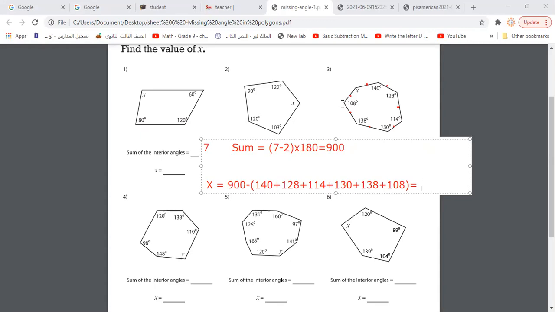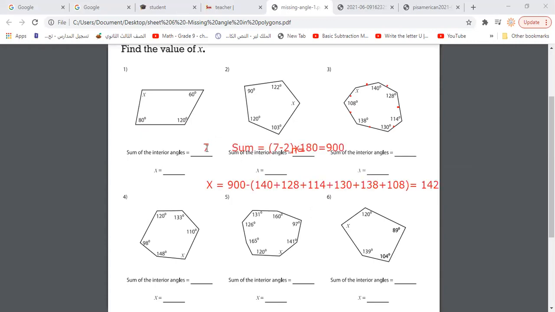I am writing the numbers down on my calculator. Okay, you want me to help you? It will be 142. Okay? So for question number 3, thank you, Ahmed.